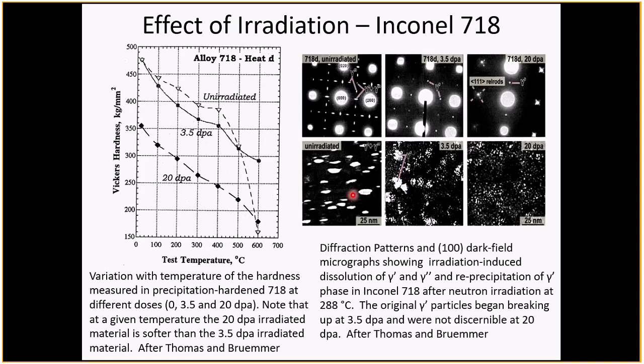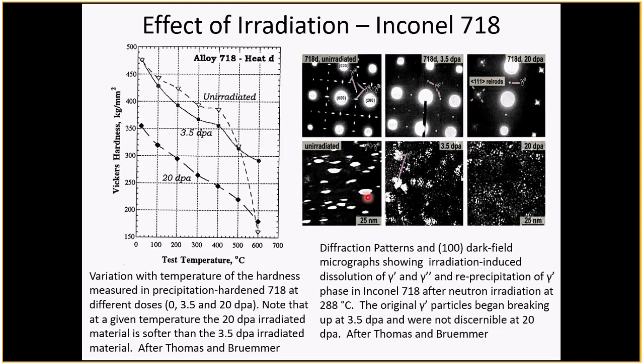This ordered precipitate comes about because you have a concentration of nickel and aluminum and titanium concentrated at one point, or in this case, when it's gamma double prime, niobium and tantalum as well. So you have some increased composition, but this also gets dispersed.